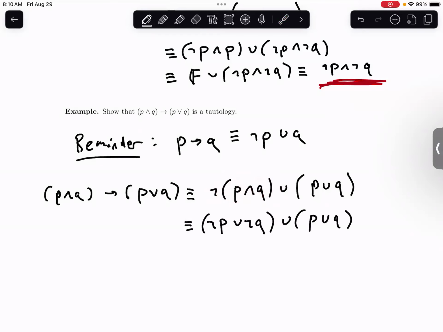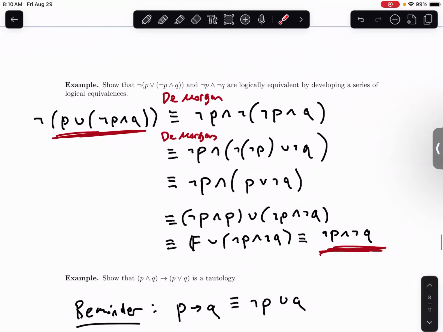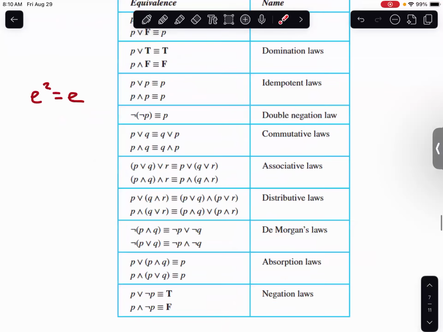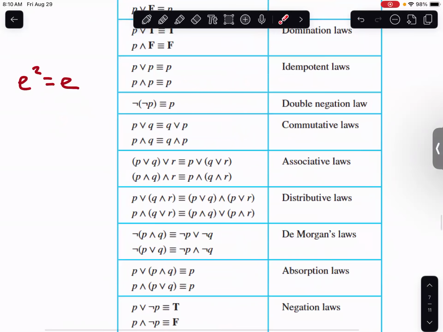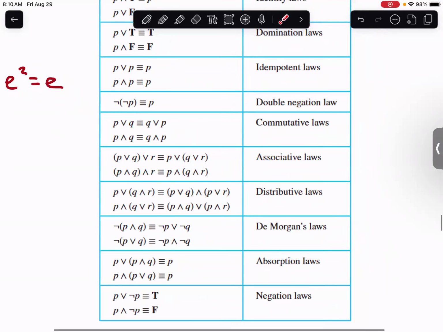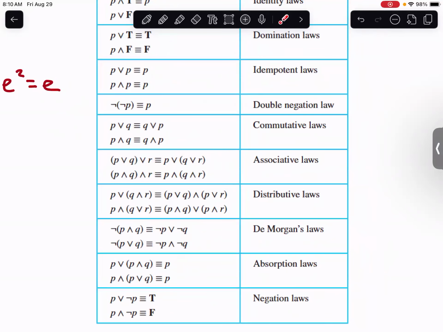And so what we can note here is all the operations we have are ORs at this point. Let's look at what we can do with this. If you look up at the table above, there are two major rules we can make use of when we only have ORs around. For instance, we have the associative laws, which say that if you're doing a bunch of ORs together, the way you do the parentheses doesn't matter.